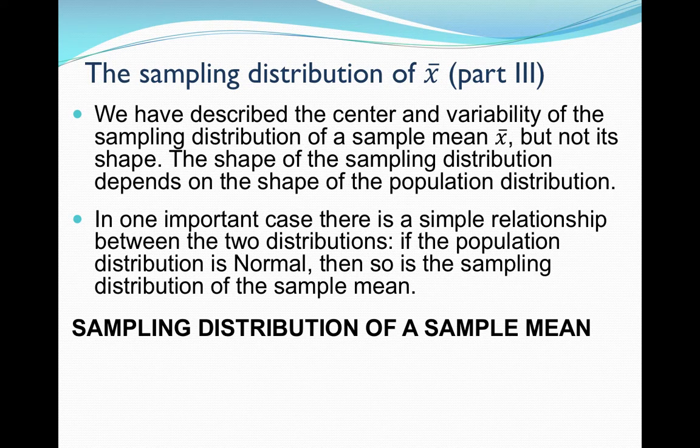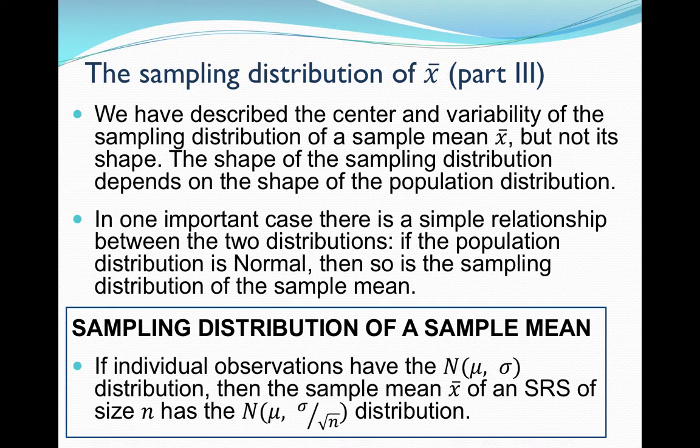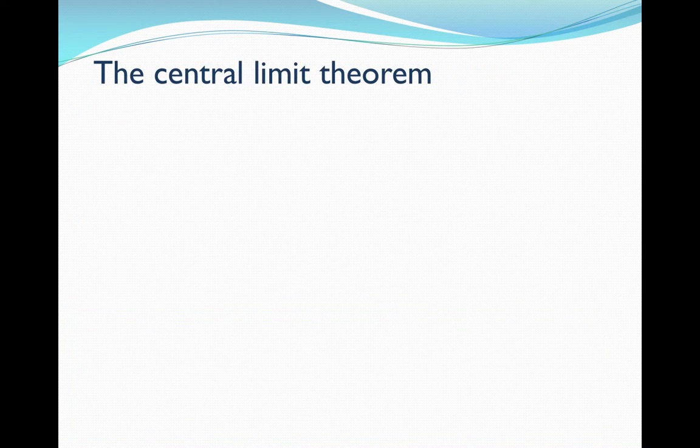And there's a couple of different ways that our distribution can be considered normal. One way is if the population itself is normal. So if the population itself is normal, then the sample will also be normal with a mean of mu and a standard deviation of sigma over root n. If the population is not normal, we can apply the central limit theorem.